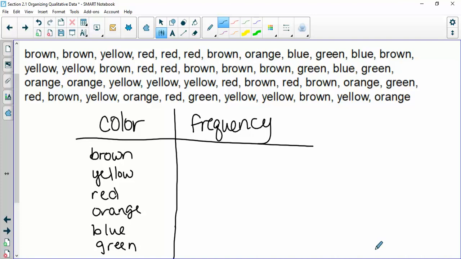So then we just count how many of each. So how many browns do we have? You guys get 12? Okay. Yellow.